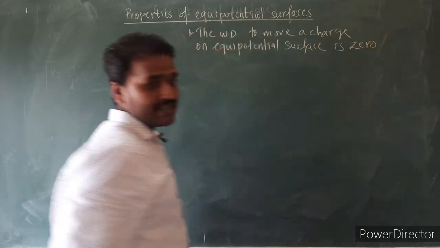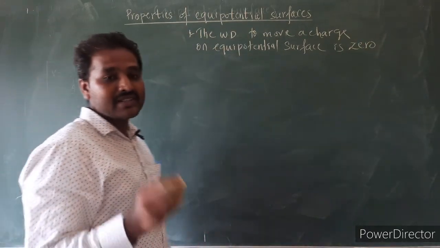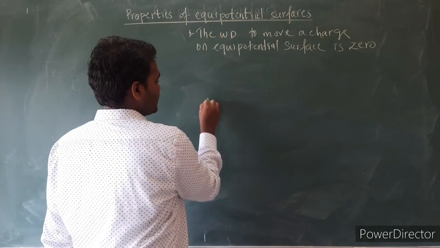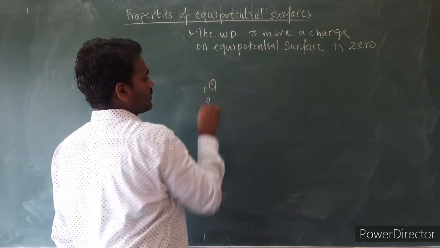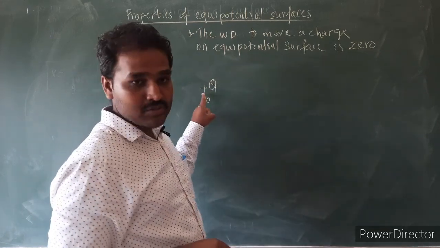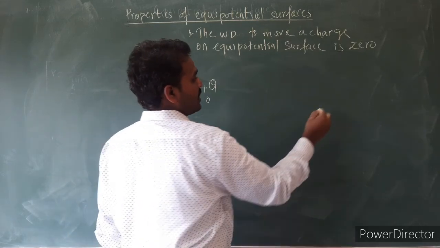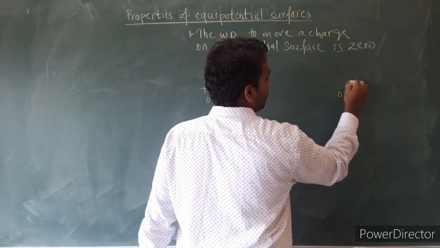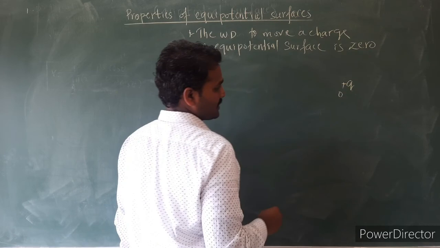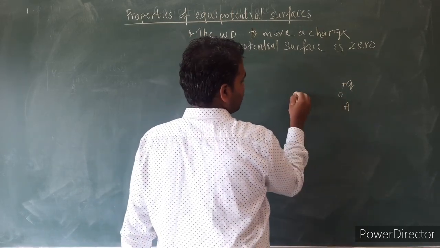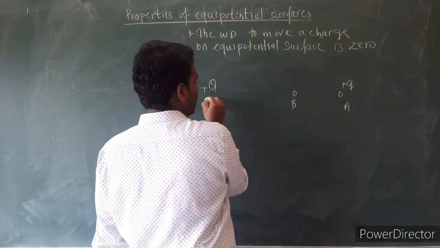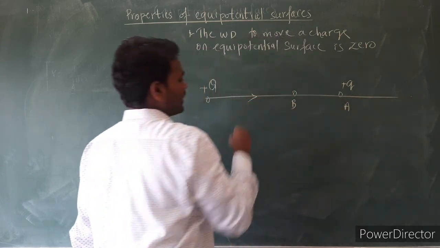Yes, why is it so? See here, in the previous class we have studied, if this is my source charge of plus capital Q, and I have a small charge of plus q at point A, and let me consider another point B. This is the direction of electric field.